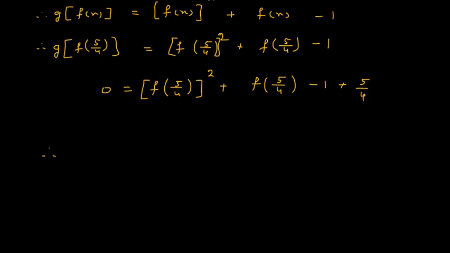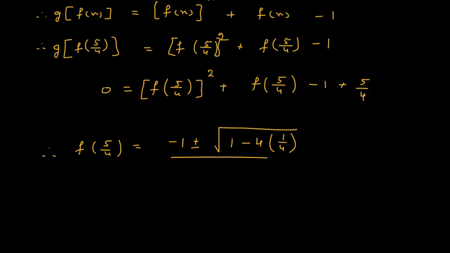So therefore here we will get a quadratic equation in f of 5 by 4. So therefore f of 5 divided by 4 is equal to minus b, that is minus 1, plus or minus root of b square, that is minus 1 square is 1, minus 4 into 1 divided by 4, the whole divided by 2 into a, the value of a is 1.